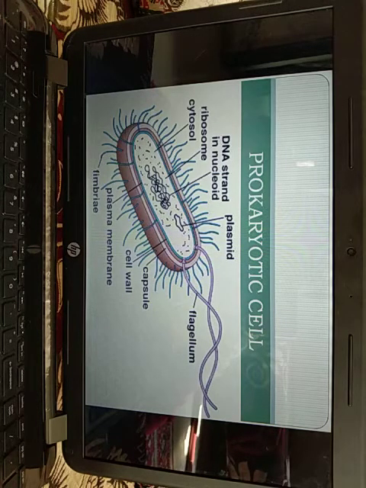Peptidoglycan constitutes 70 to 80% of the wall in gram-positive bacteria, and lipid content is little. In gram-negative bacteria, 10 to 20% of the wall is formed of peptidoglycan, and lipid content is 20 to 30%.